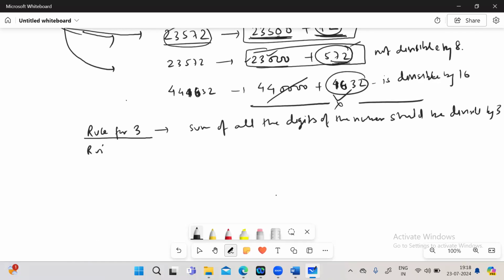And the rule for 9 is the same as 3, that the sum of all the digits of the number should be divisible by 9.